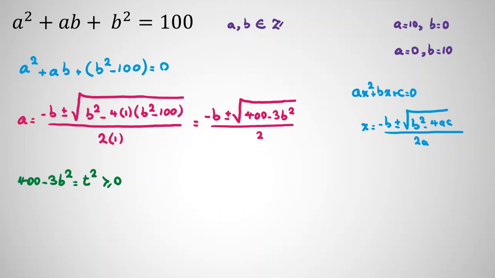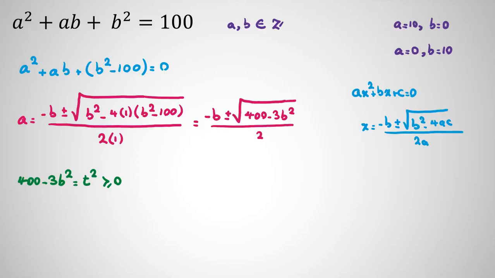So we should check these cases. 400 minus 3b squared equals t squared, and b can be from 0 to 10, plus or minus 10.